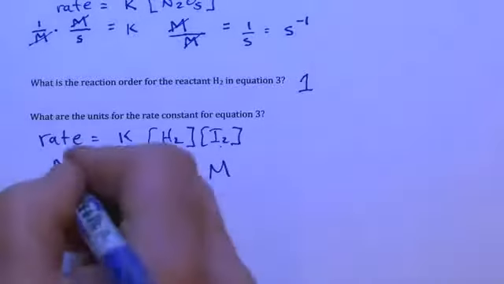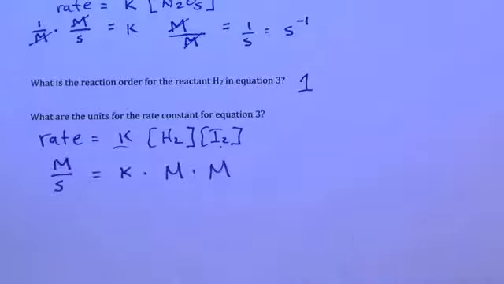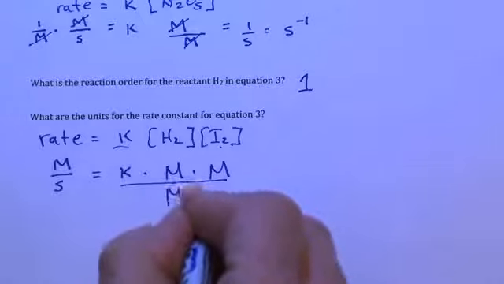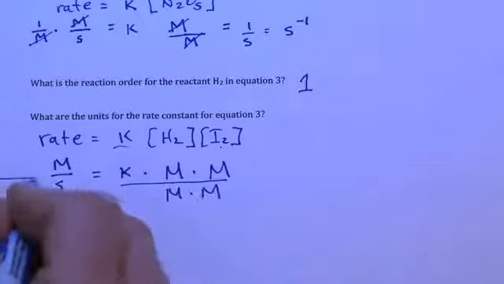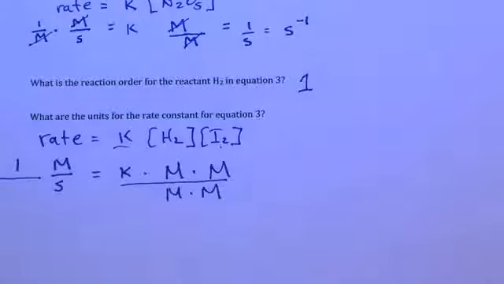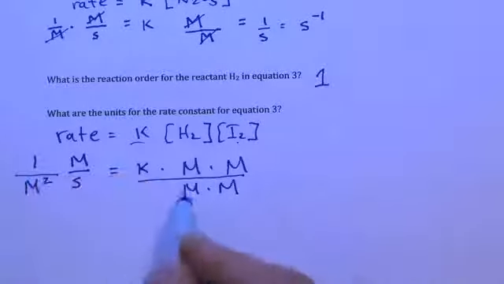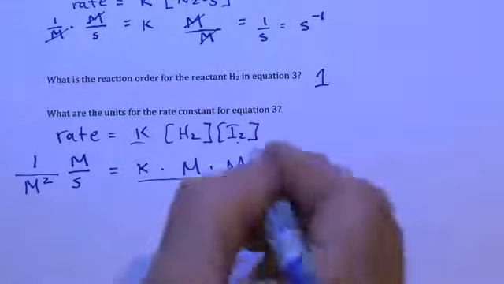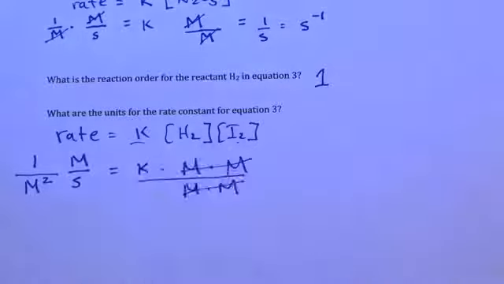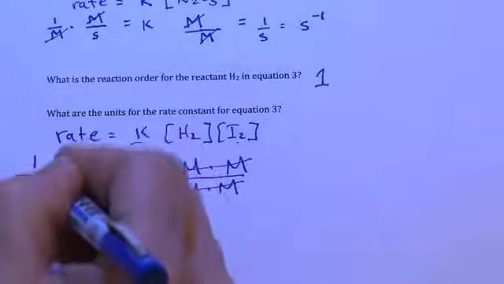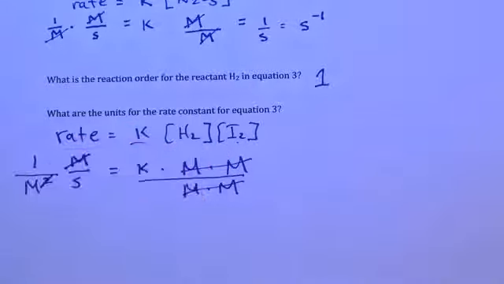And once again, let's just choose seconds, because seconds is an easy unit of time to work with. Now I'm going to have to divide this side of the equation by molarity times molarity, and do the same thing to this side, except I'm going to write it as 1 over molarity to the second power, because M times M is M squared. Notice these drop out. I've got K alone. The molarity drops out here, and I lose one of my molarities here.